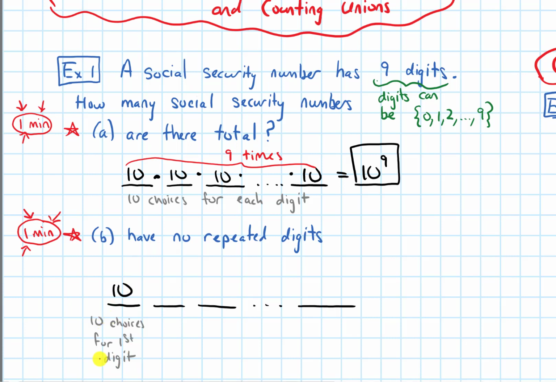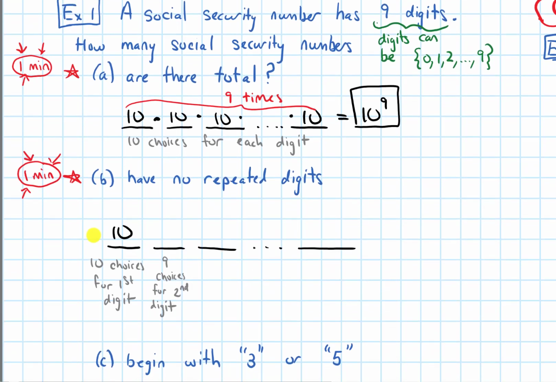But once we pick that first digit, because we can have no repeated digits, we have 9 choices for the second digit, because it could be anything except for the first digit.